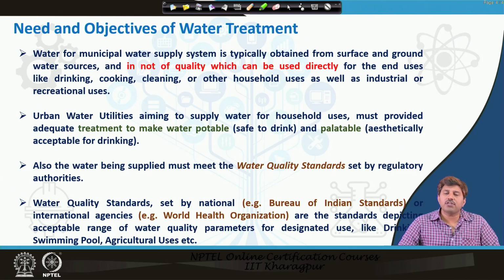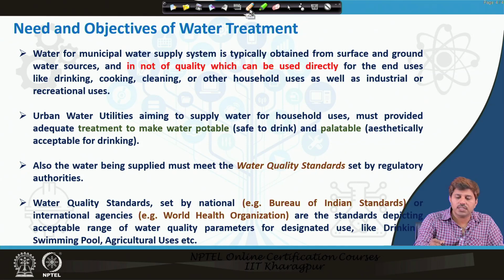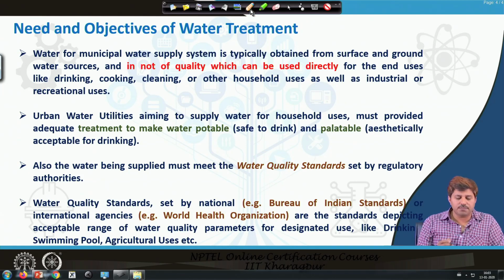So, there are national authorities and international regulatory authorities that set water quality standards, and these standards depict the acceptable range of water quality parameters. We discussed several water quality parameters in the previous week.